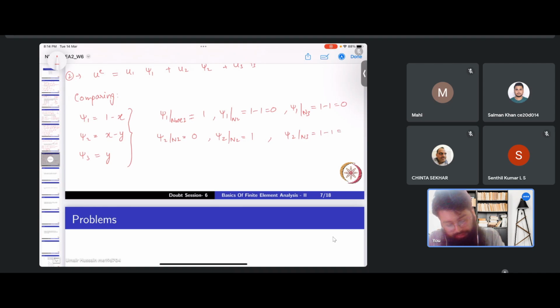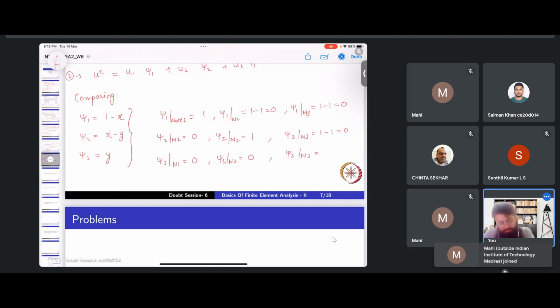So 1 minus 1, you get 0. Again, for psi 3 at node 1, x and y are both 0. We get 0. Psi 3 at node 2, x equals 1, y equals 0, again we get 0. Psi 3 at node 3, x equals 1 and y equals 1, so we get a value 1, right?